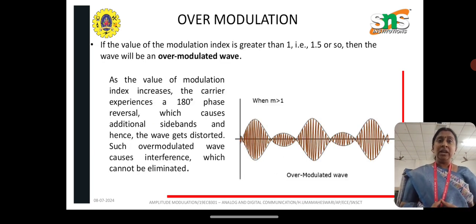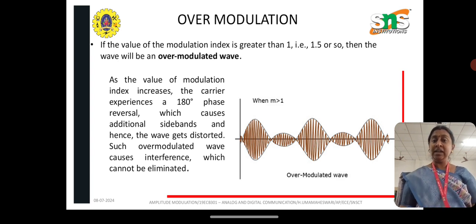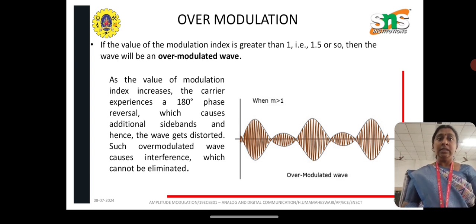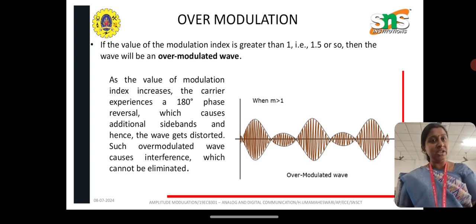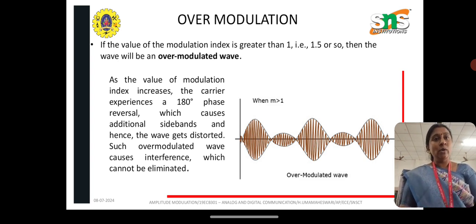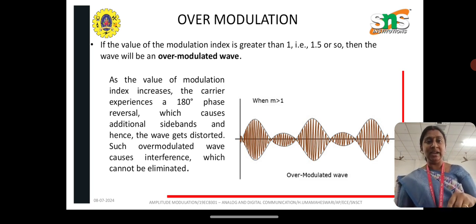Then over modulation: if the value of the modulation index is greater than 1, that is 1.5 or so, it is called over modulation, and the wave is called an over modulated wave. As the value of the modulation index increases, the carrier experiences a 180-degree phase shift reversal, which causes additional sidebands, and hence the wave gets distorted. Such an over-modulated wave causes interference which cannot be eliminated.